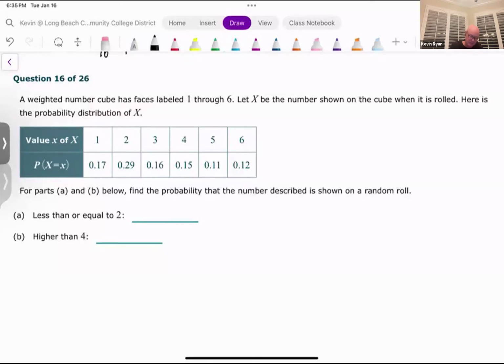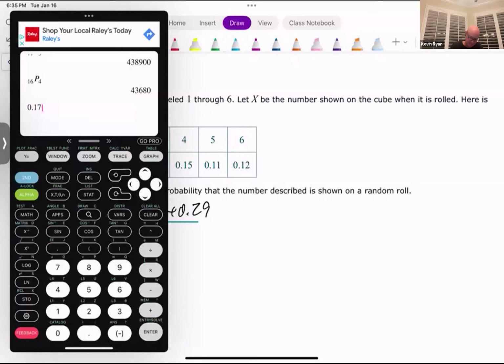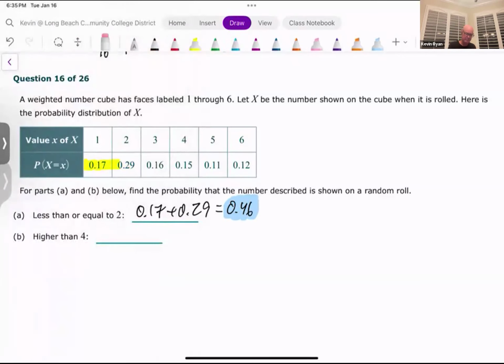So we are looking for these down here, less than or equal to 2. Higher than 4. That is just going to be here and here. It does not say it's including 4 in this case.